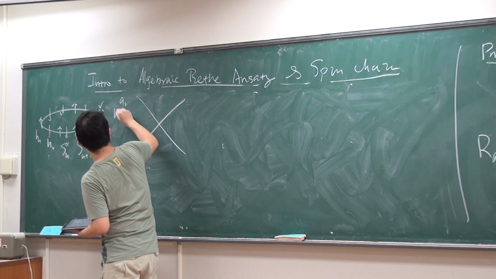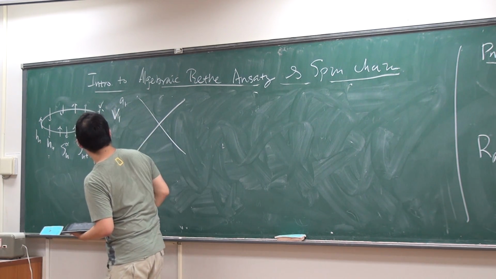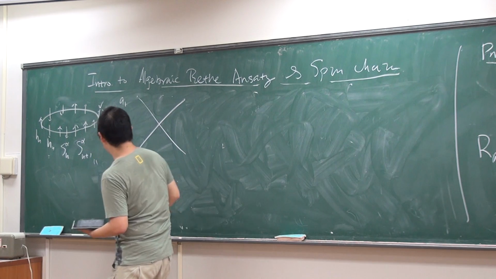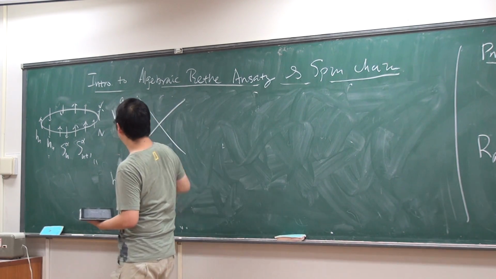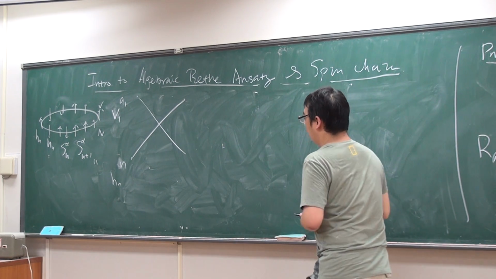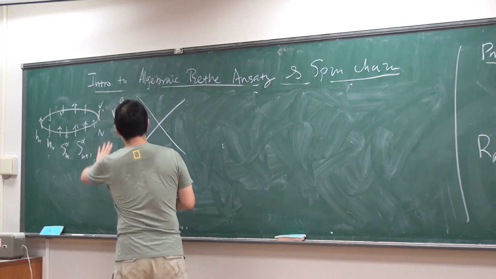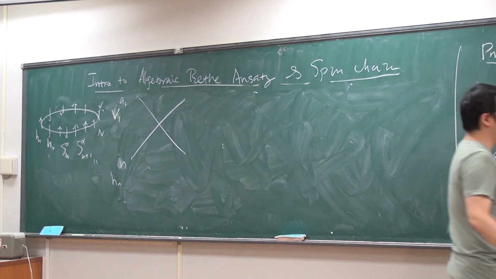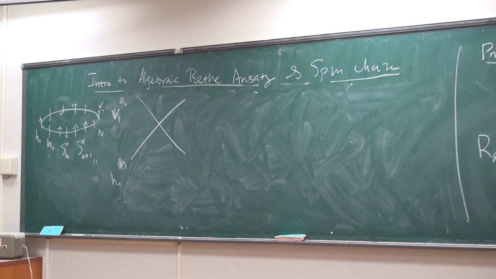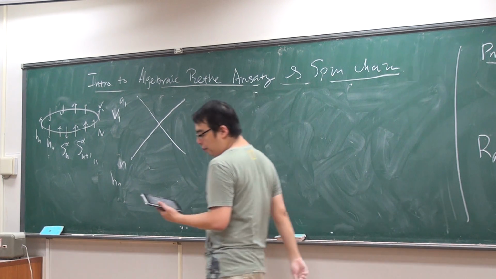This is your auxiliary vector space V1, and this is your physical Hilbert space Hn. There will be some states associated with each of those vector spaces, and then they interact through the Lax operators, or equivalently the R matrix.